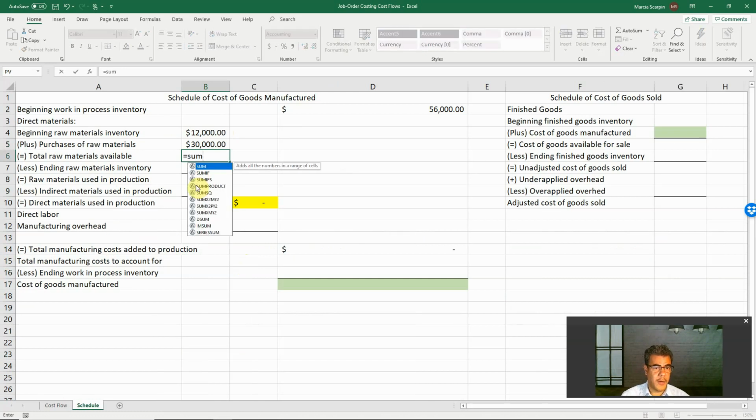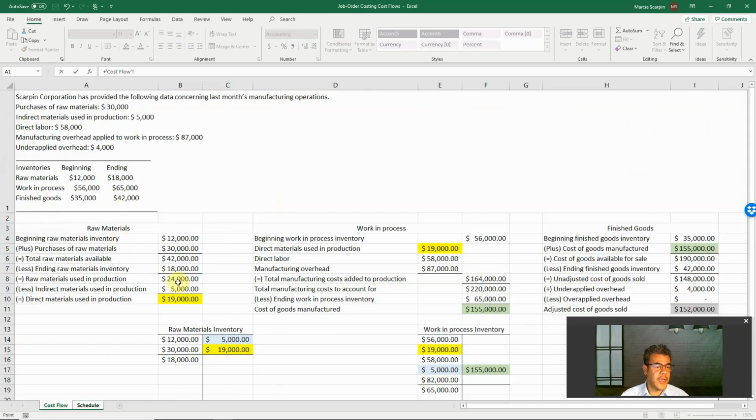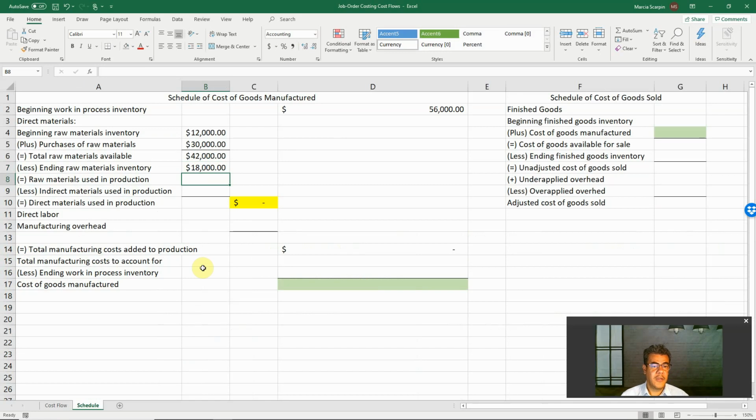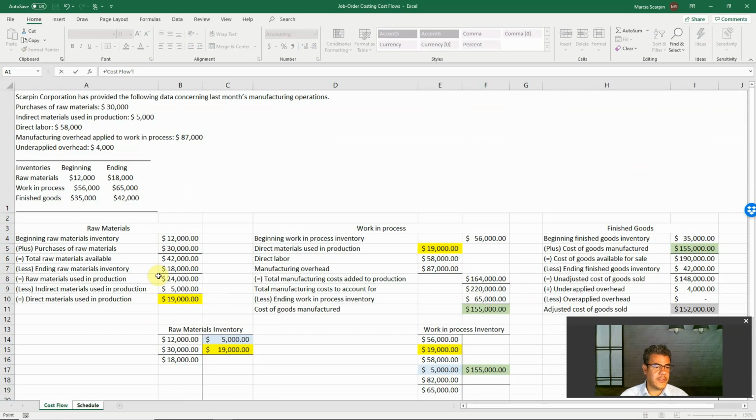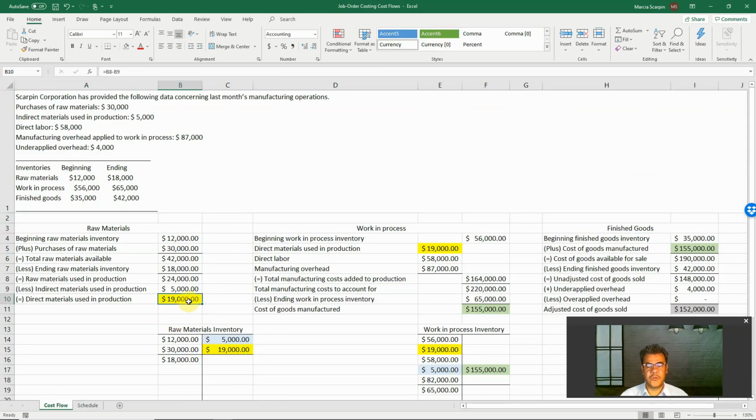Equal total raw materials available, our sum here. Less ending raw materials, 18. Raw materials used in production, 24. Less indirect materials, 5. Direct materials, 19.